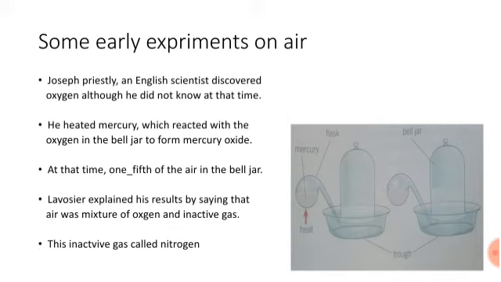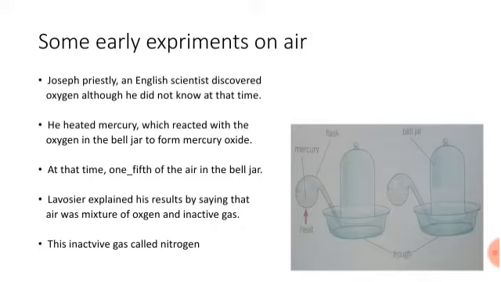Next, we are going to talk about some early experiments on air. Early scientists thought air was an element, a single substance that could not be broken down into anything else. But now we know that air is not a single element, it is a mixture of different gases.